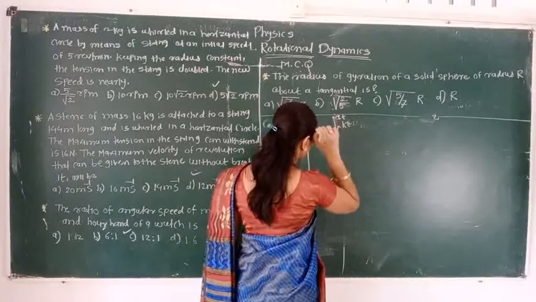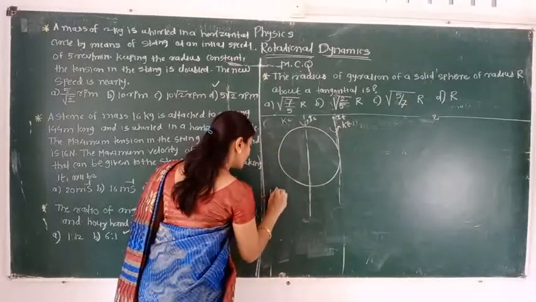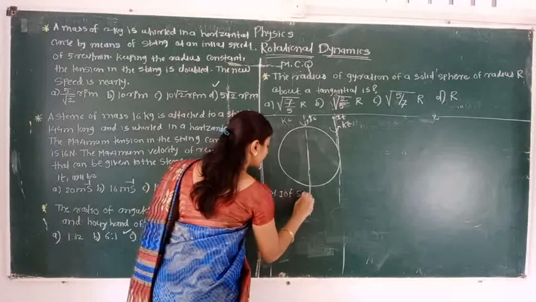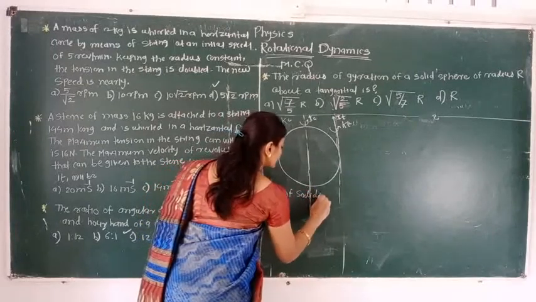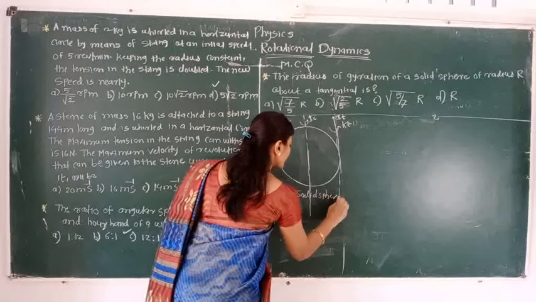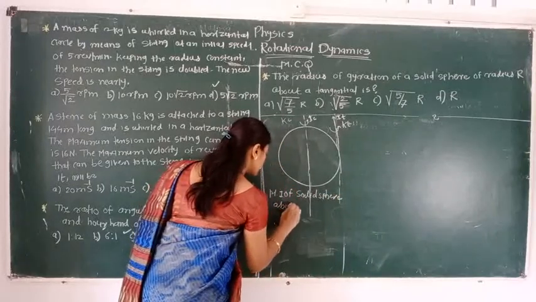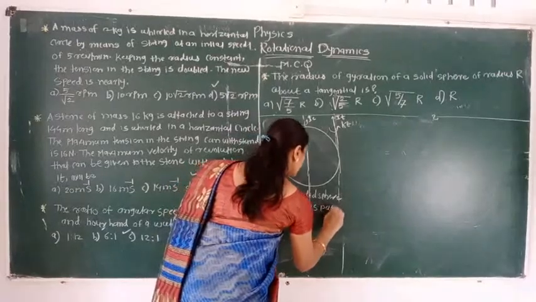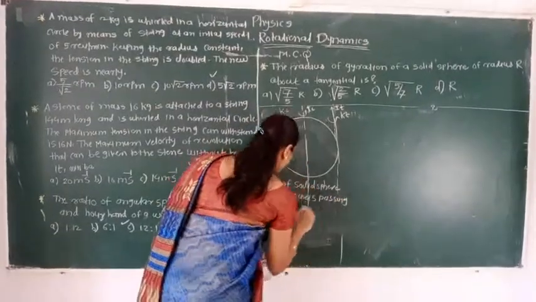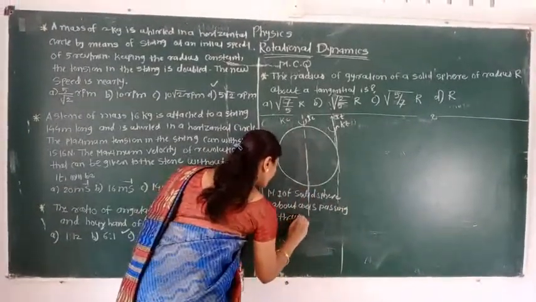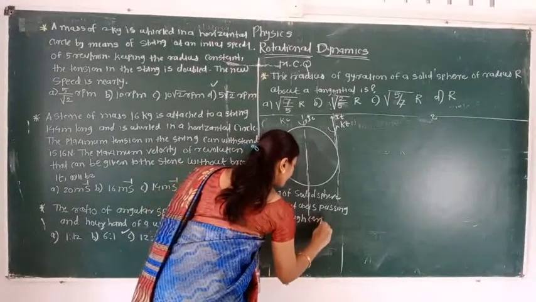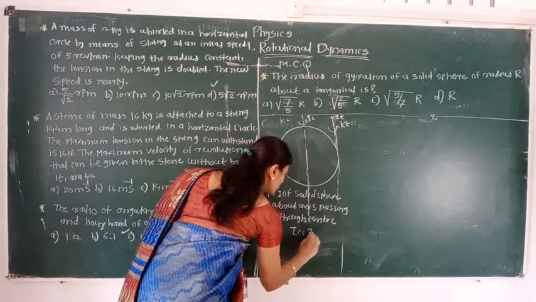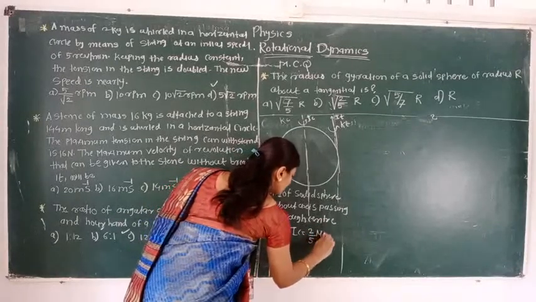Now the basics: we know the moment of inertia of a solid sphere about an axis passing through the center, IC, is equal to 2 by 5 m r square.